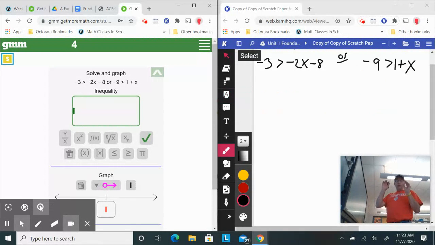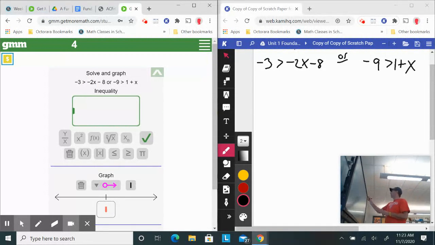So the first thing I did was I took the two separate inequalities, I rewrote them on my scrap paper, and I'm going to solve each of these for x. Just being careful, I do the work right, and I only reverse the sign if I divide or multiply by a negative.